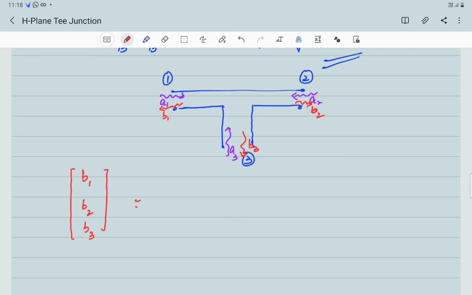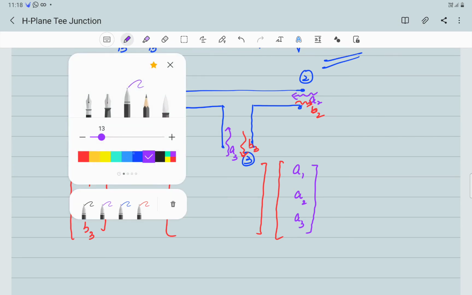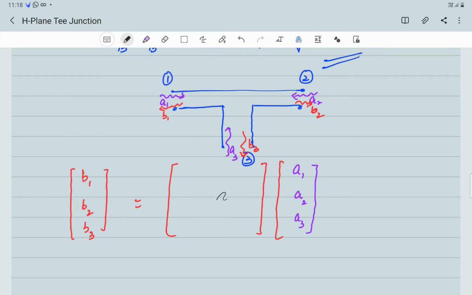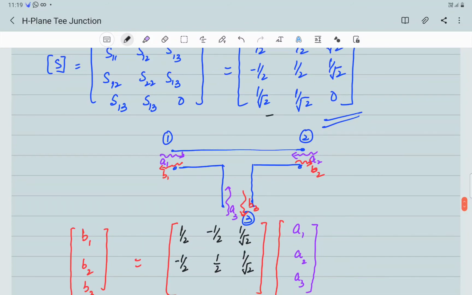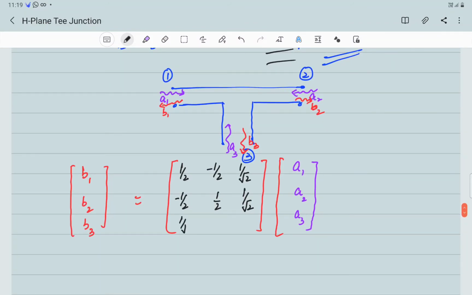The reflected waves are related to the incident waves A1, A2 and A3 by a set of parameters called scattering parameters, which we have obtained as: S11 is 1 by 2, S12 is minus 1 by 2, 1 by root 2; minus 1 by 2, 1 by 2, 1 by root 2, as can be seen from the matrix above; then 1 by root 2, 1 by root 2 and a 0.